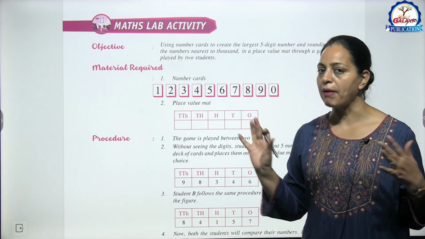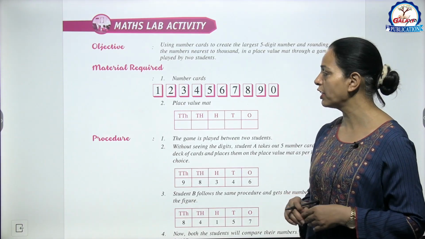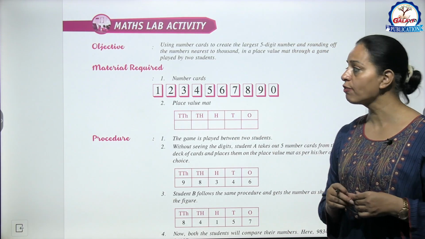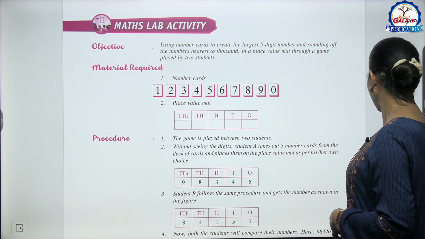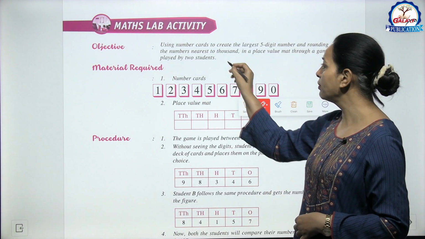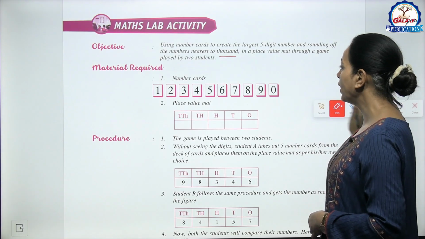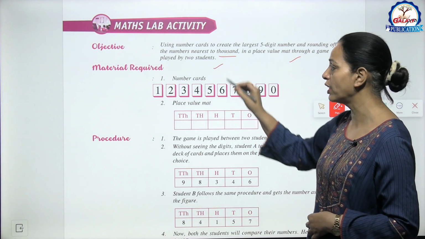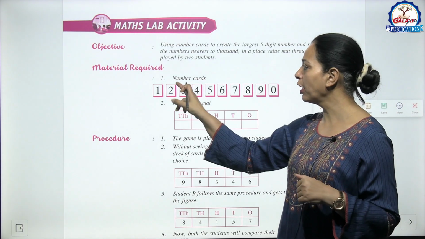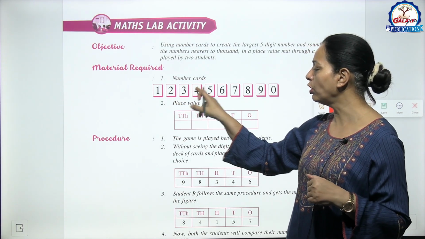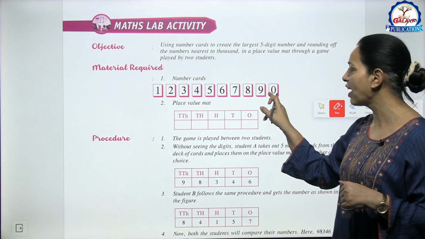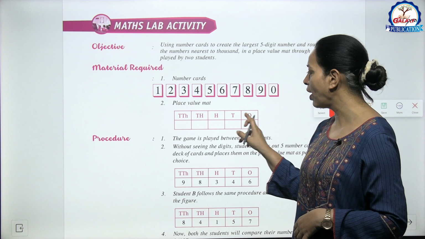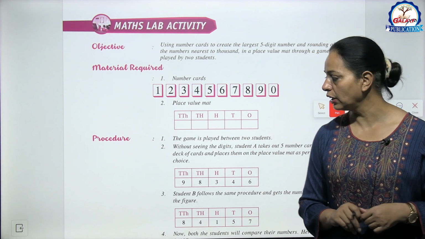The next is Maths Lab activity. Objective: using number cards to create the largest 5-digit number and rounding off the numbers nearest to 1000 in a place value mat through a game played by 2 students. Now material required: number cards 1, 2, 3, 4, 5, 6, 7, 8, 9 and 0. The second one, place value mat: ones, tens, 100, 1000, 10,000.